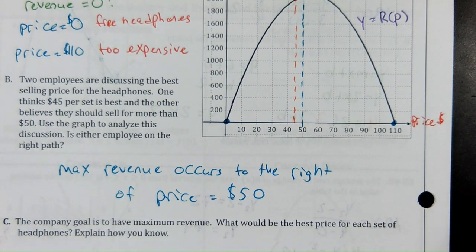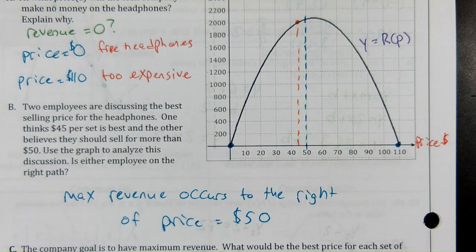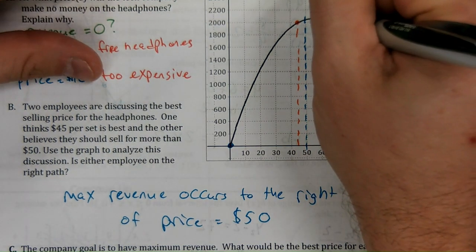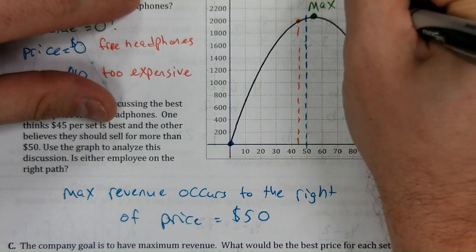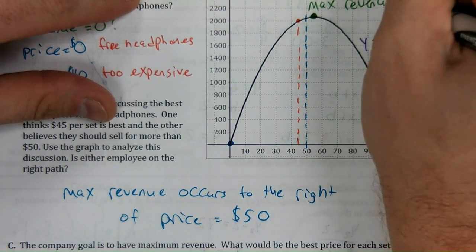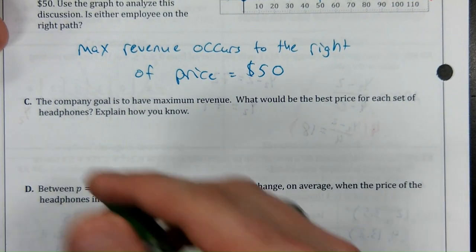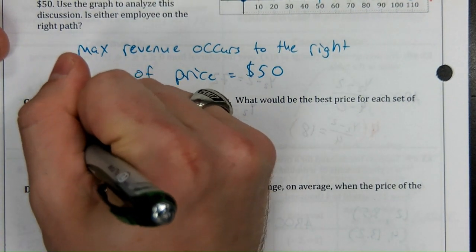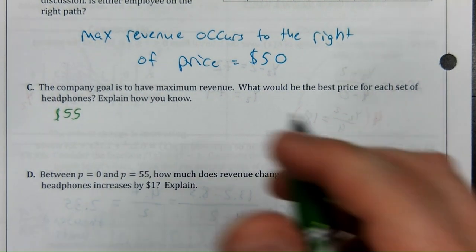So if the goal of our company is to maximize revenue, what would be the best price to charge for these things? $55. Here is maximum revenue. And how do we know? Well, we could say because it's the maximum of the curve.